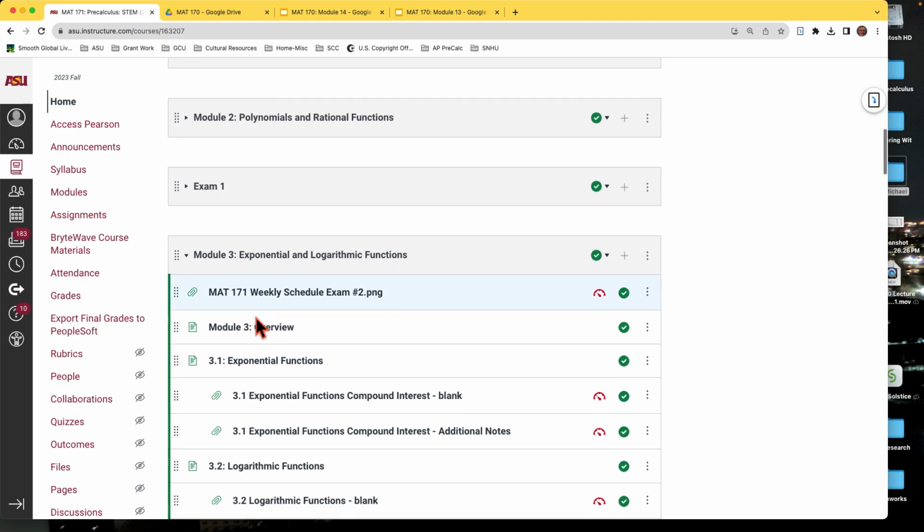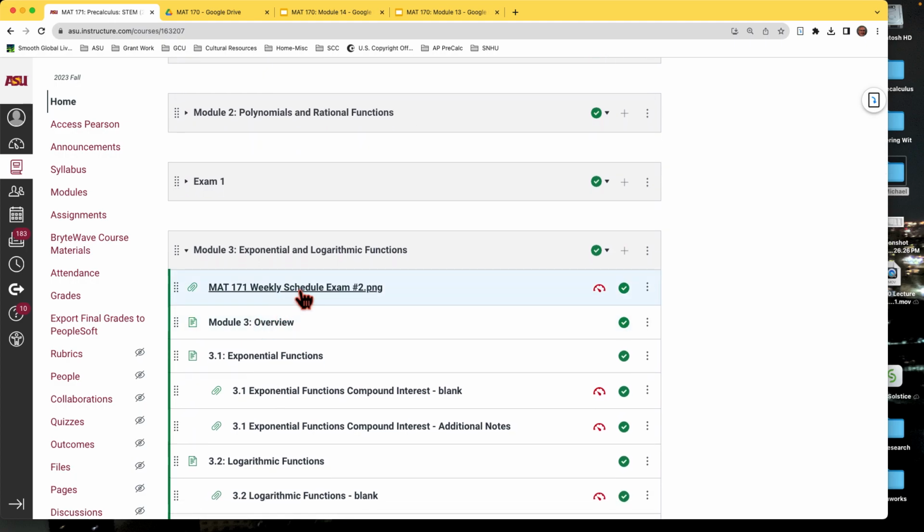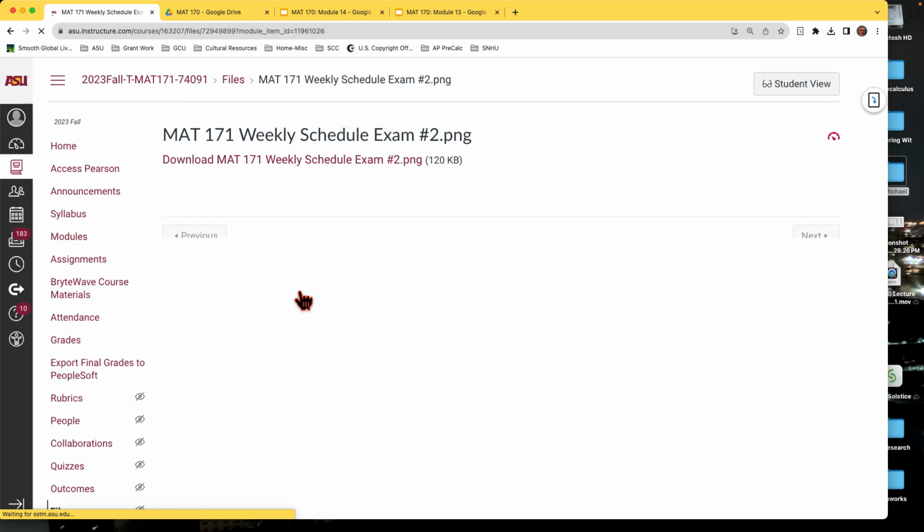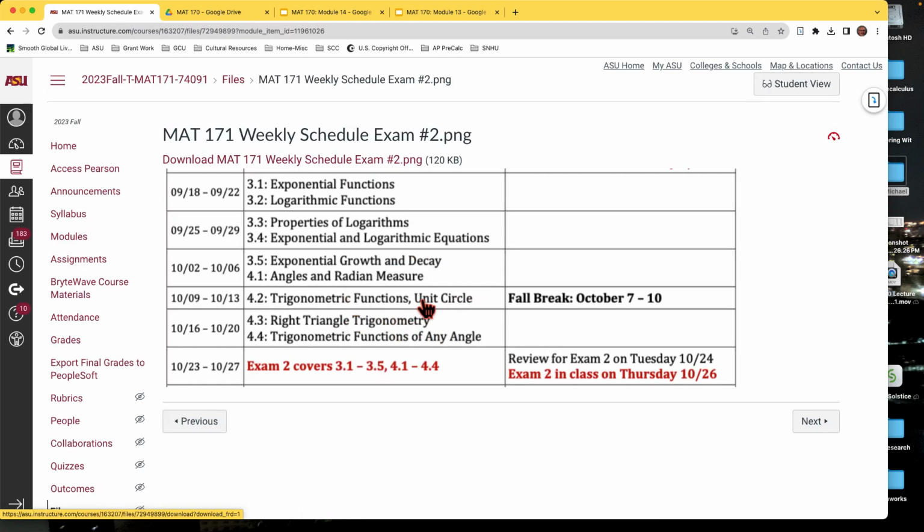Let's see, where's my weekly schedule for exam 2? Sometimes these things just come up on us, right? So we're at 3.5, exponential growth and decay. This is actually the last of our algebra section. We don't do too much fanfare with it. We'll start on Thursday into trigonometry, angles and radian measure, and I've got a nice little activity. We might do it a little bit here.